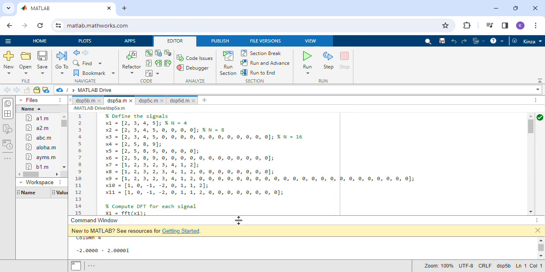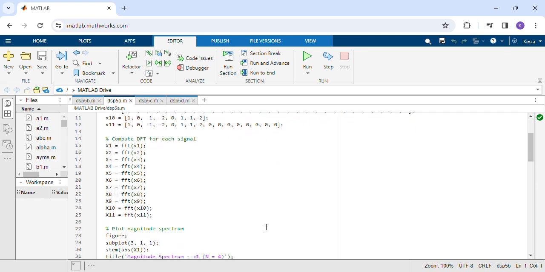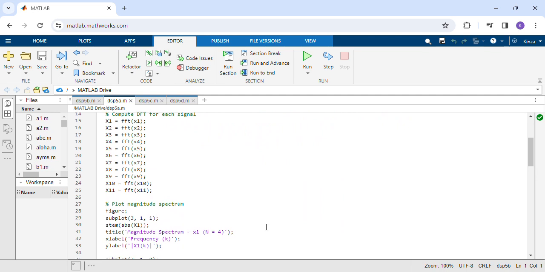In our next task, the task was to calculate discrete Fourier transform for the signals and observe the change in frequency spectrum. These were the signals which we were given in the question, and we have to find the discrete Fourier transform of these signals and also plot their magnitude spectrums.